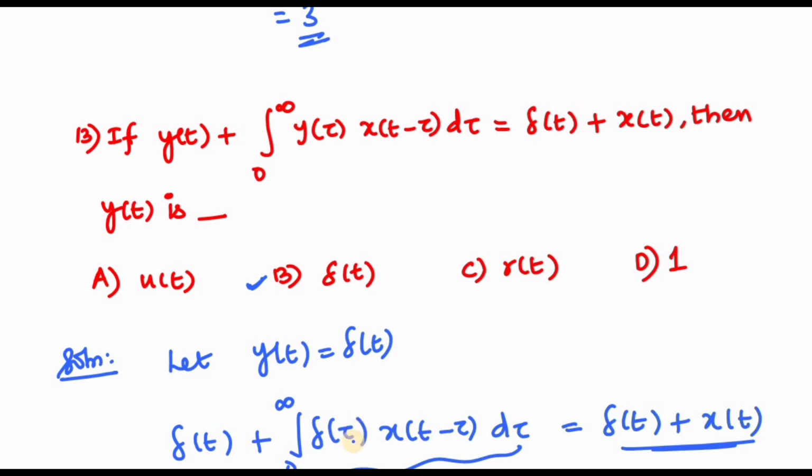In order to make del tau 0, I need to substitute tau equal to 0. So if I substitute here, I will get only x of t. So this is my answer.